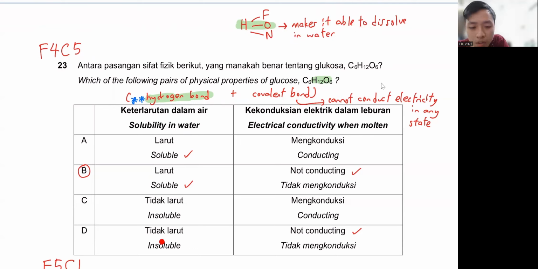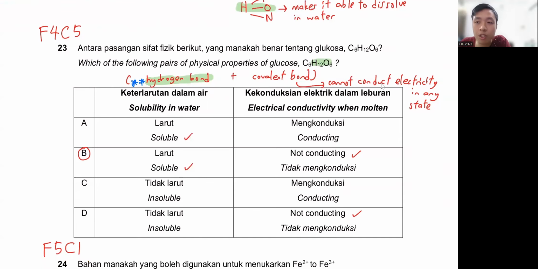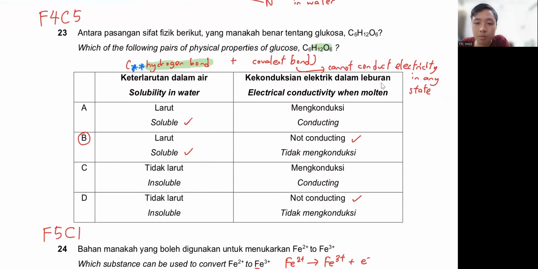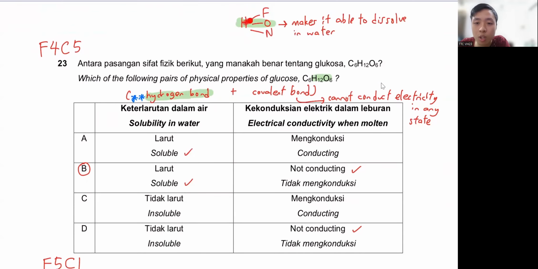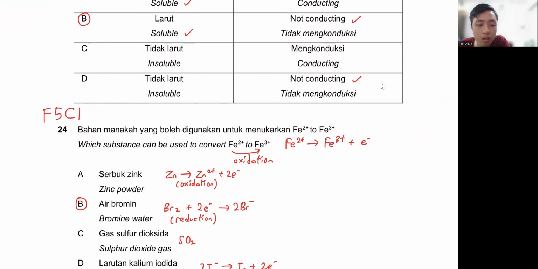Covalent compounds are normally insoluble in water and cannot conduct electricity, but since this one contains hydrogen bonds, it is able to dissolve in water. So the answer is actually B. Sometimes you see alcohol is the same, able to dissolve in water, because we have H and O. You can see H and O, H2O, HF or NH3. These are able to dissolve in water.